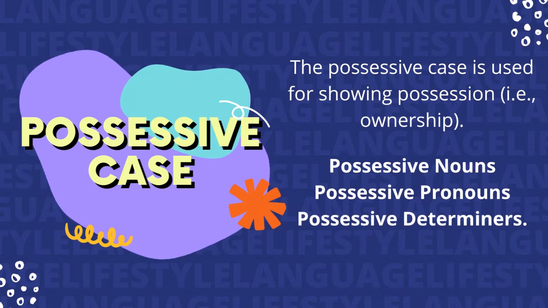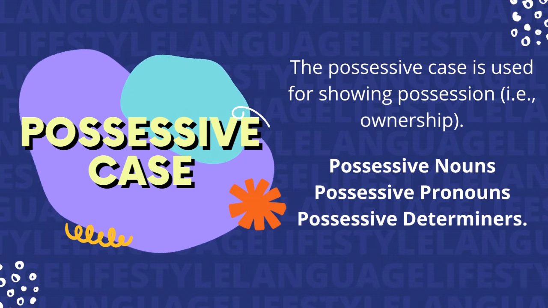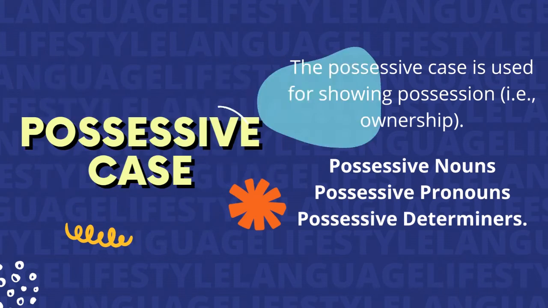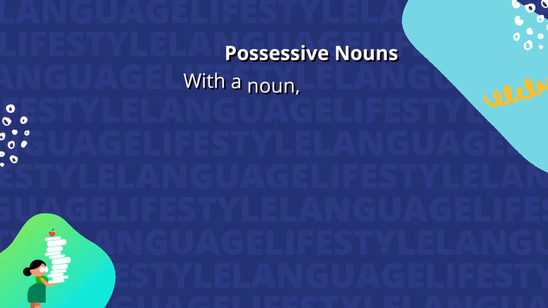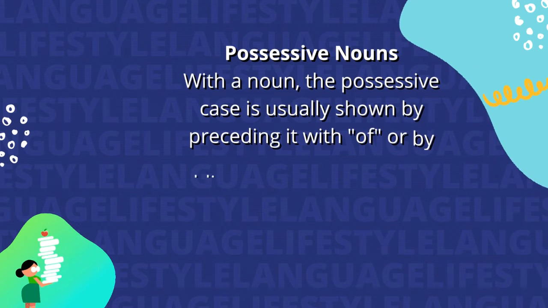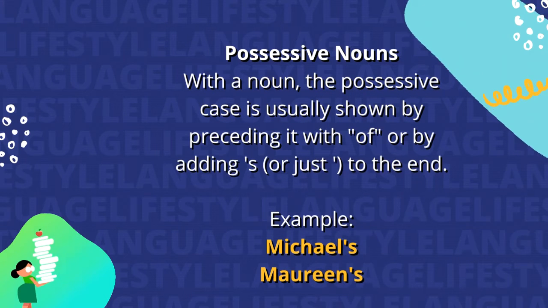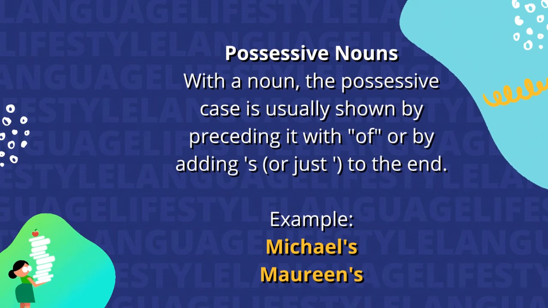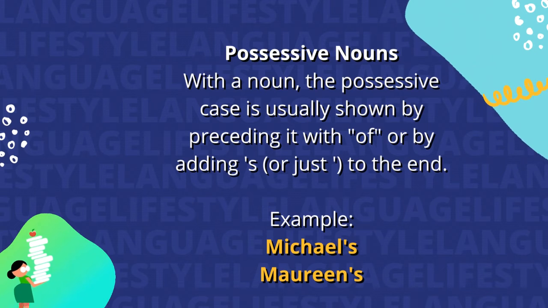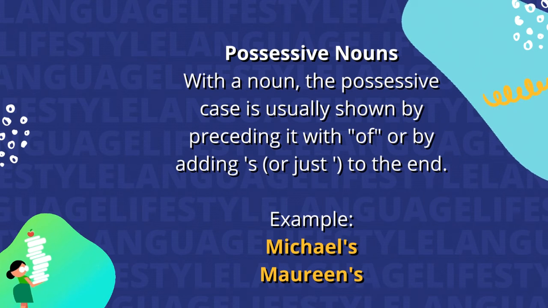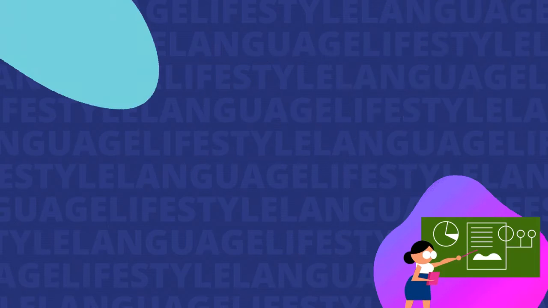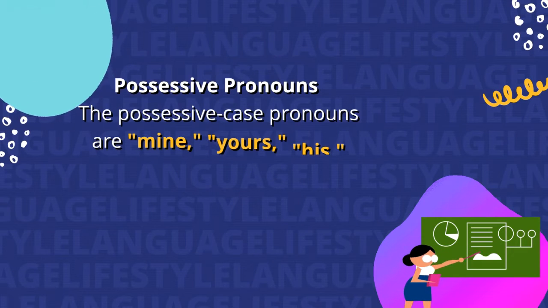The possessive case pronouns are mine, yours, his, hers, its, ours, and theirs. With a noun, the possessive case is usually shown by preceding with of or by adding apostrophe s or just an apostrophe to the end. Examples of this would be Michael's and Maureen's.